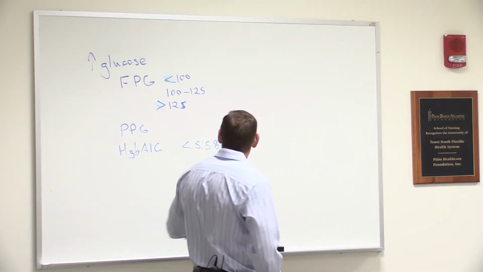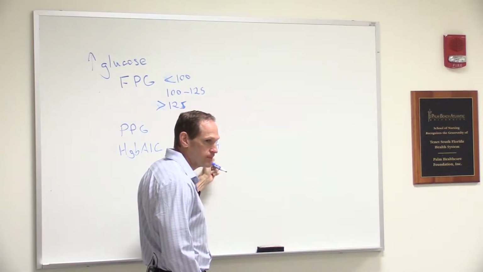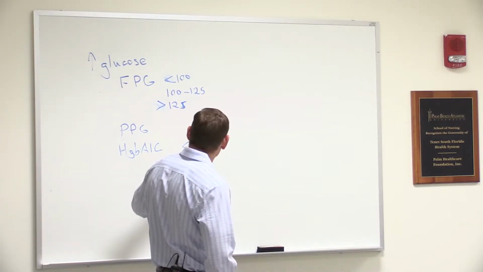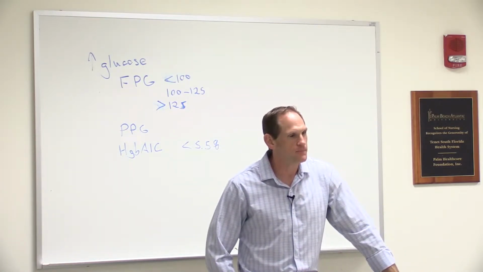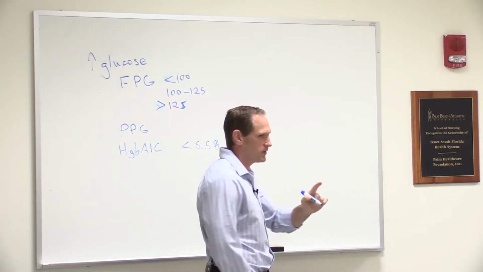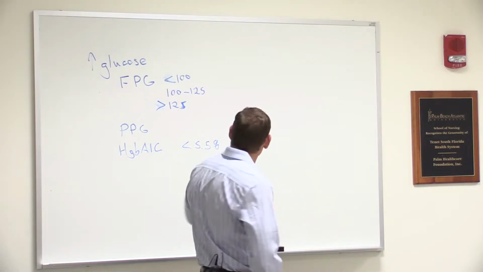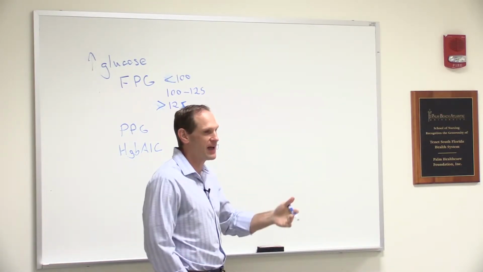Okay. So less than 5.5% is going to be considered normal. Once you go above 5.5%, you're considered to be pre-diabetic.